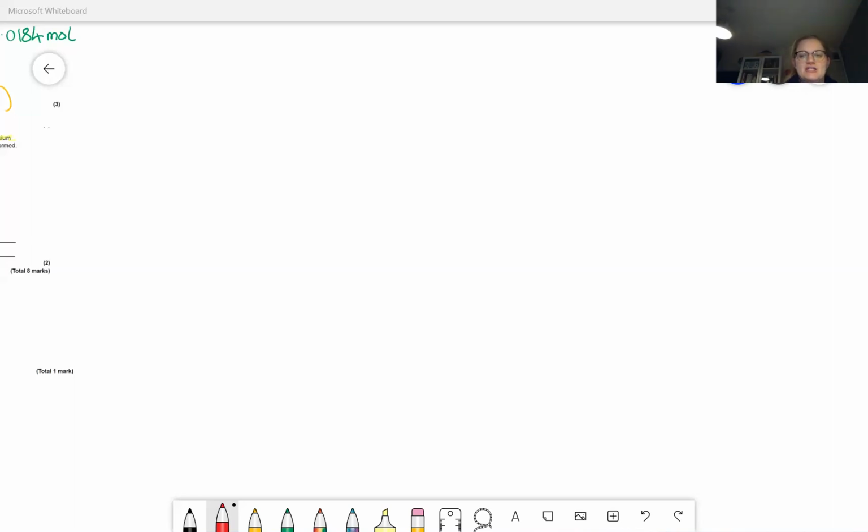So electrophilic addition reactions, we're going to just have a quick look at some. We can react ethene with bromine, and that forms bromoalkanes by electrophilic addition.